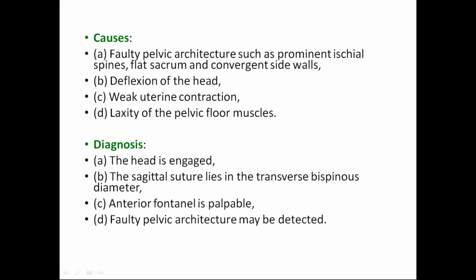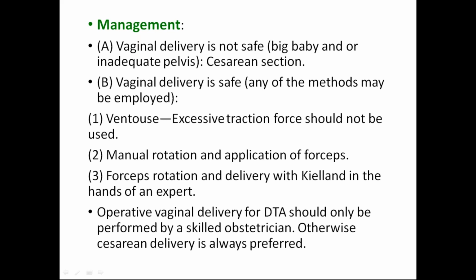So again, we can make the diagnosis by per vaginal examination, sagittal suture diameter, anterior fontanelle palpation. Vaginal delivery is not safe for a big baby or inadequate pelvis. Most of the time, cesarean, but when no facility is available, people have also tried other methods.